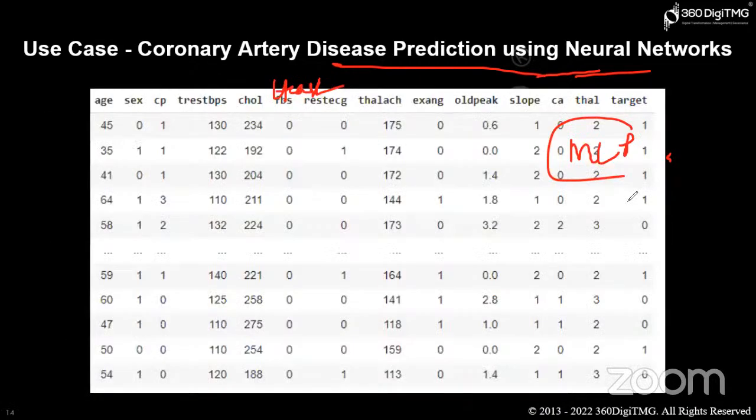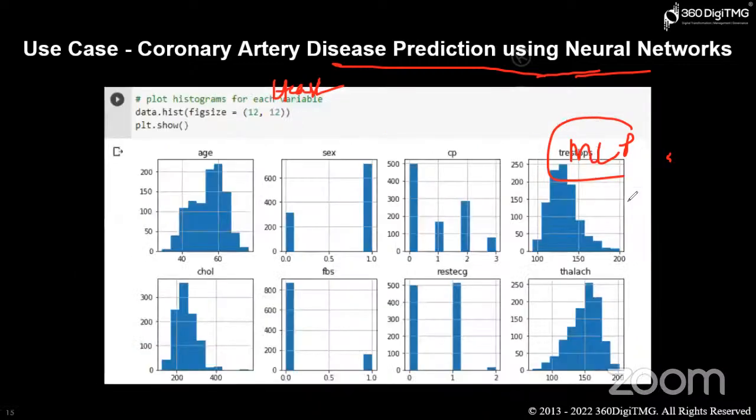This is the data frame for our model. We'll see the description of these particular columns, and these are the plots that we are getting. Seems like most of the time we don't even have data.